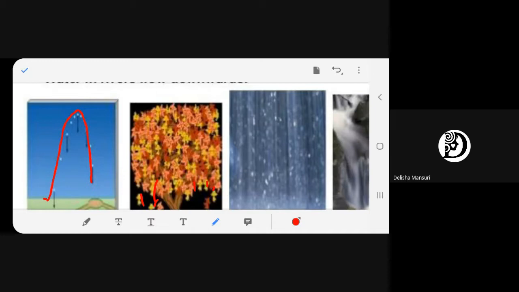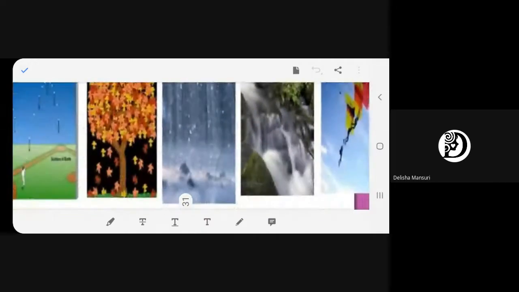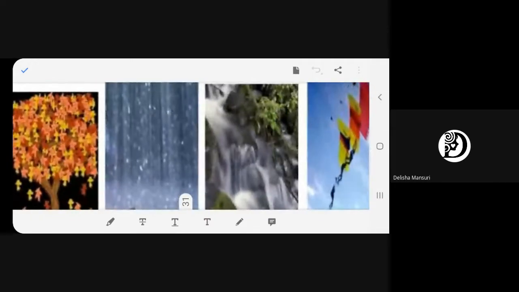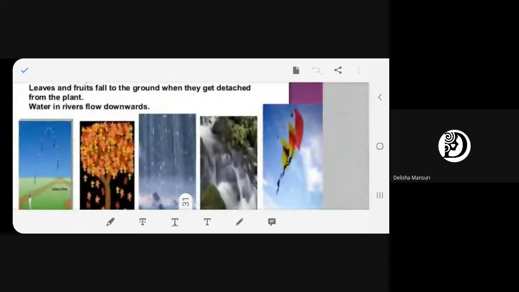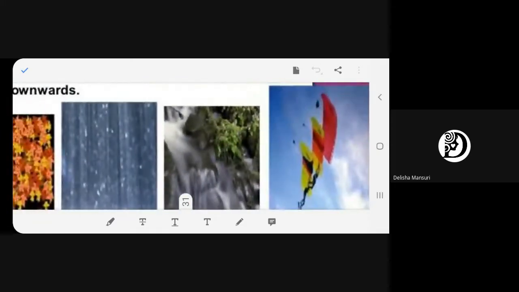It is not flying up in the sky. It is coming down, gravity. Rain falling down, gravity. Okay? See, water coming down, that is also gravity. Got my point?